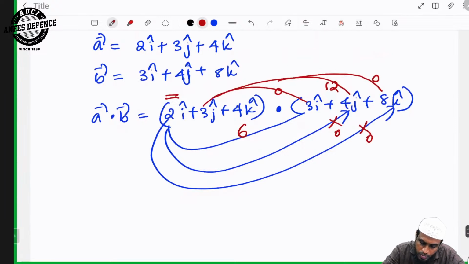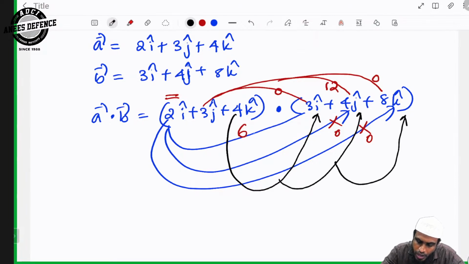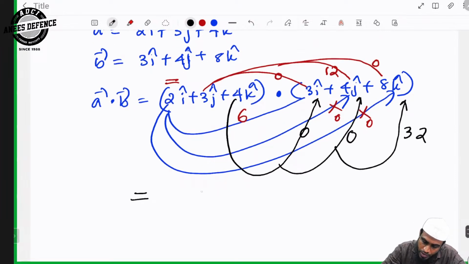Then in the next case, using 4 you can multiply 3, then 4, then 8. k dot i, you will get 0. k dot j, you will get 0. k dot k equal to 1. So 4 into 8, 32. So what will be the answer? 6 plus 12 plus 32.